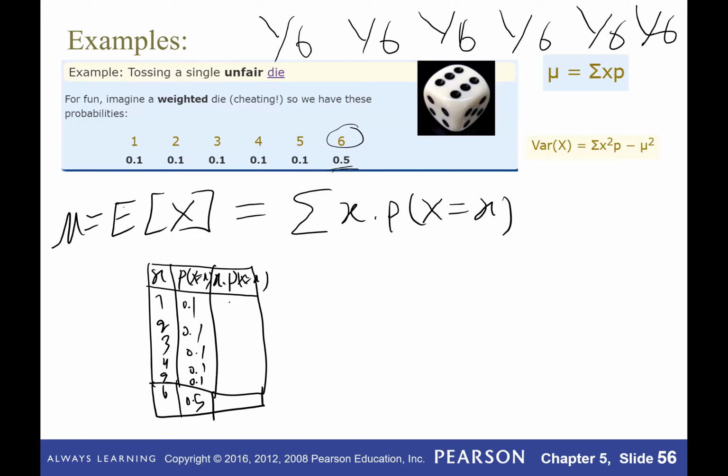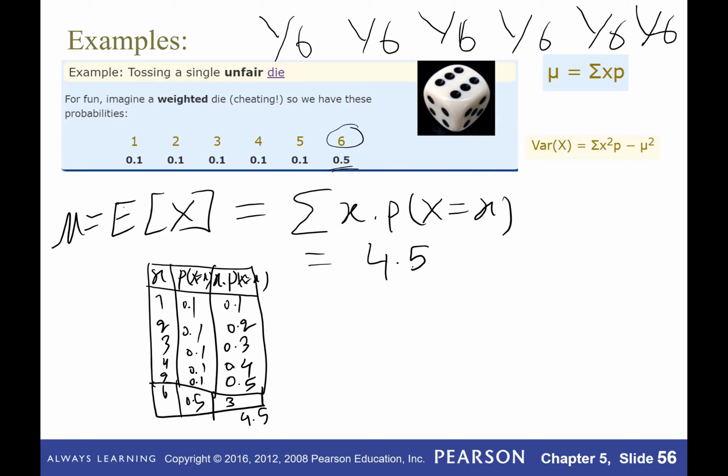Now if you multiply them together, it will be 0.1, 0.2, 0.3, 0.4, 0.5, and this one will be 3. Now you add them together: 0.1 plus 0.2 is 0.3, plus 0.3 is 0.6, plus 0.4 is 1, plus 0.5 is 1.5, plus 3, so it will be 4.5.